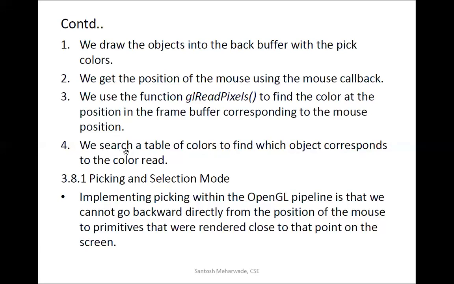And finally, we search a table of colors to find which object corresponds to the color read. Means a color lookup table will be maintained, composed of red, green, and blue components.